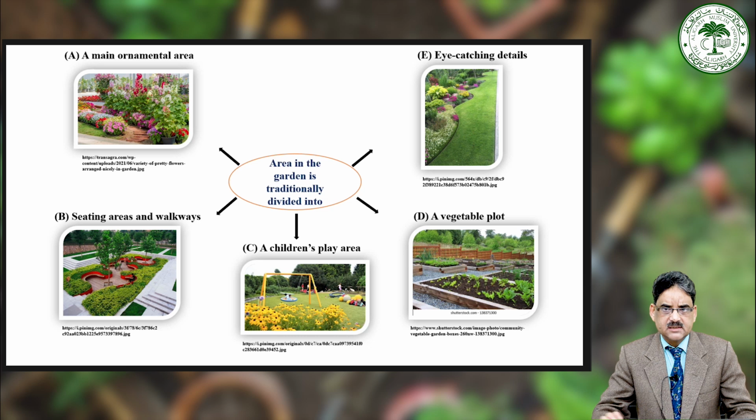Historically, gardens have been categorized into five primary sections. These include a central ornamental area, spaces for seating and pathways, a designated play area for children, a plot for growing vegetables, and finally, zones featuring eye-catching details.